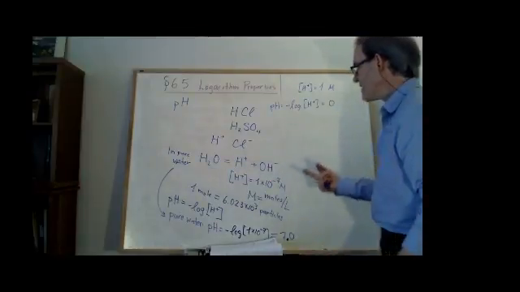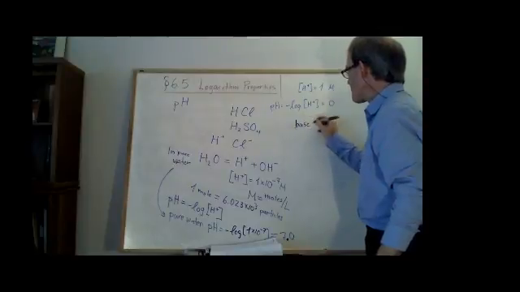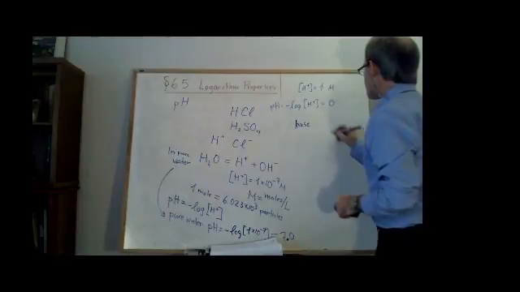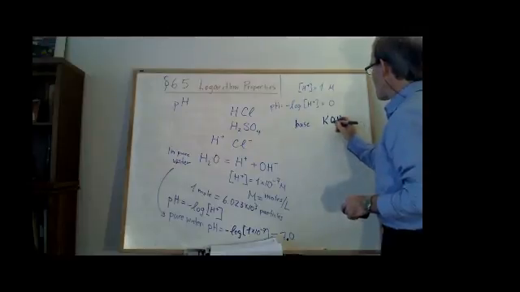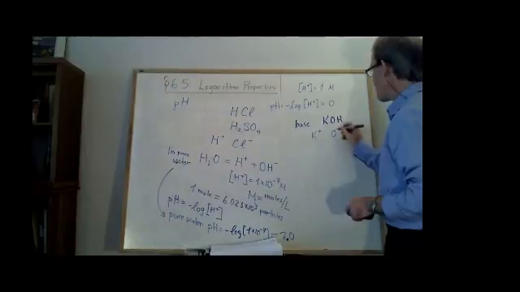Now if you mix a base in with a substance, a base is something like, let's say, KOH. So that's potassium hydroxide. KOH dissociates, you get a positive potassium ion and OH minus negative ion.